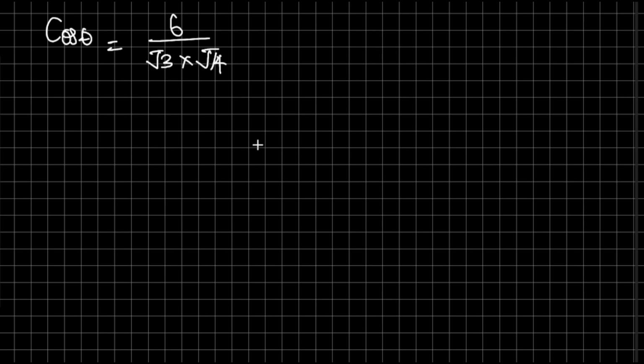Alright guys, 3 times 14, that is 42. So this is 6 all over square root of 42. If we do 6 divided by root 42, we're going to have cos theta equals, to 4 decimal places, 0.9258.